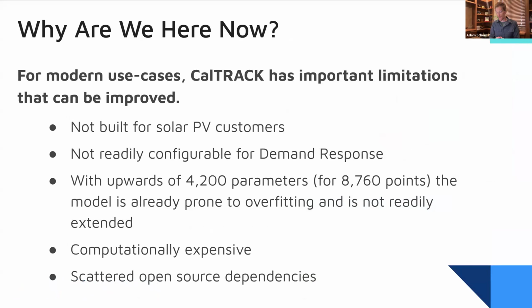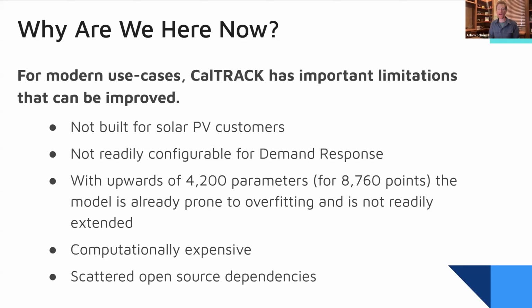And the CalTRACK methods are very hardwired toward parameters that are in the model, and those parameters are upwards of 4,200 for 8,760 data points in the hourly model. That's already sort of an overstuffed model. There's not a lot we can add to it.